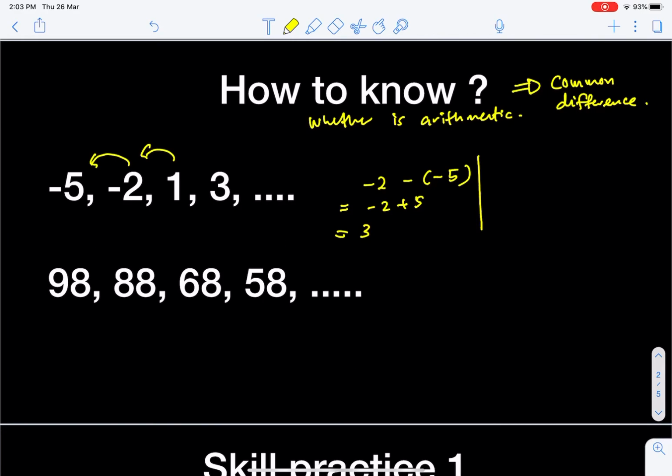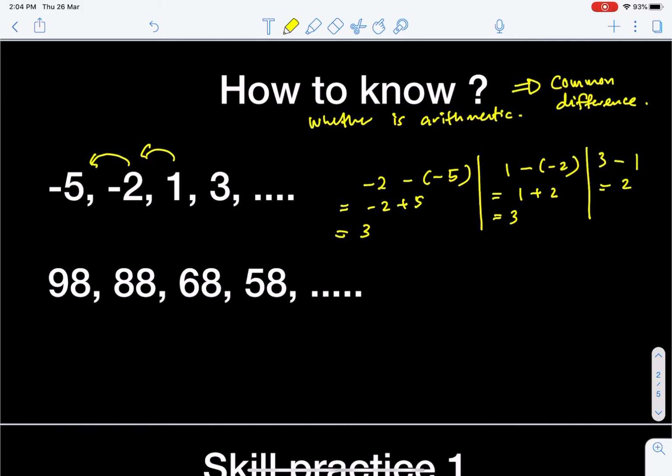So the next one is 1 minus negative 2. It will give us 1 plus 2, so equal to 3. It looks like it is common. Let's check the third one. 3 minus 1. It is equal to 2.